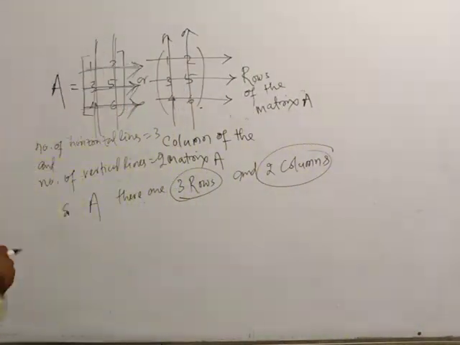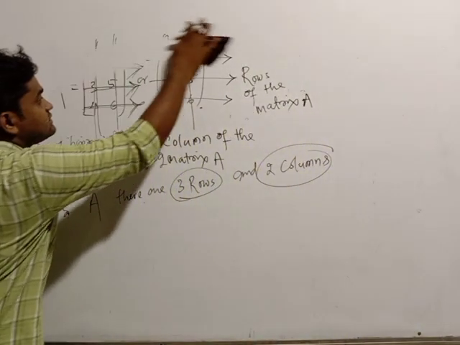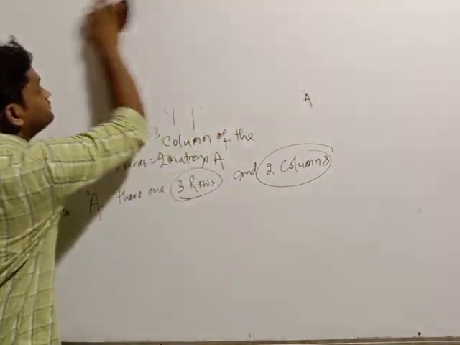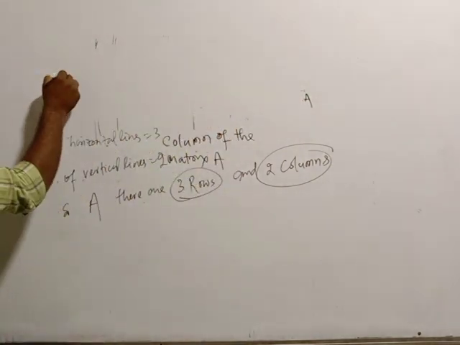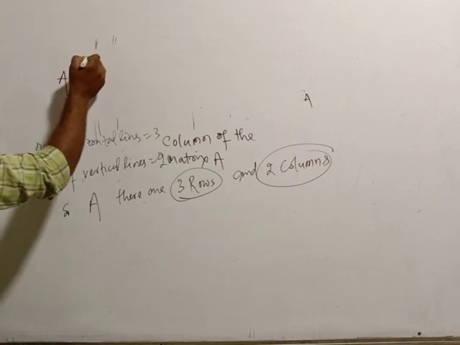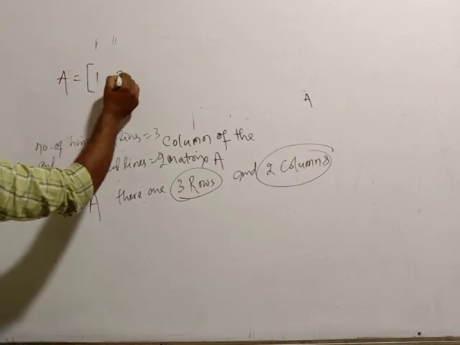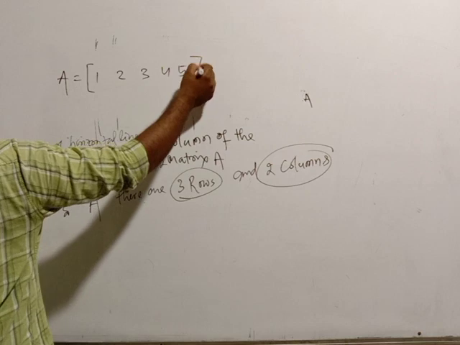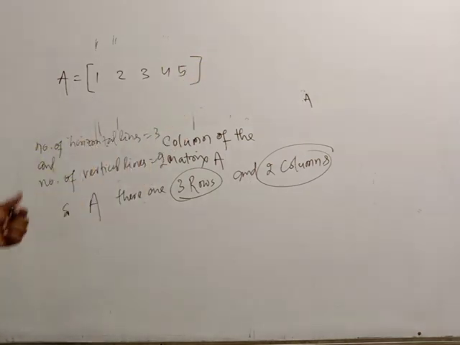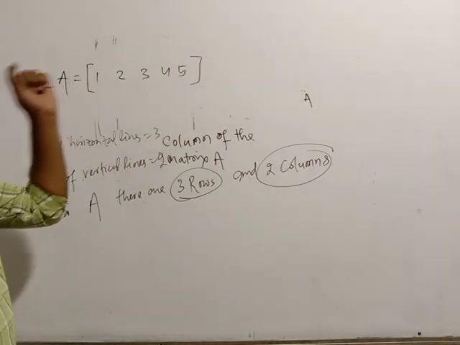So similarly, look at a second example. Let A be a matrix 1 2 3 4 5. Look at it, this is simple and rectangular form. So this is a matrix.